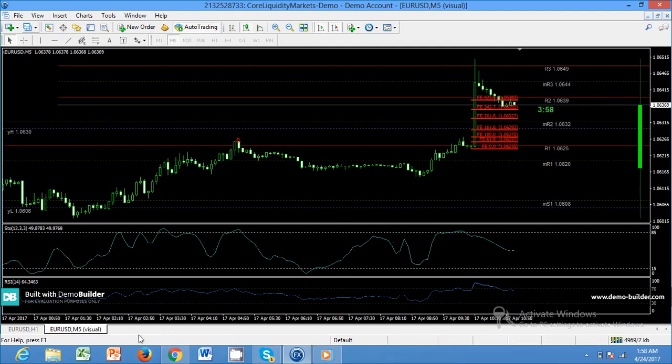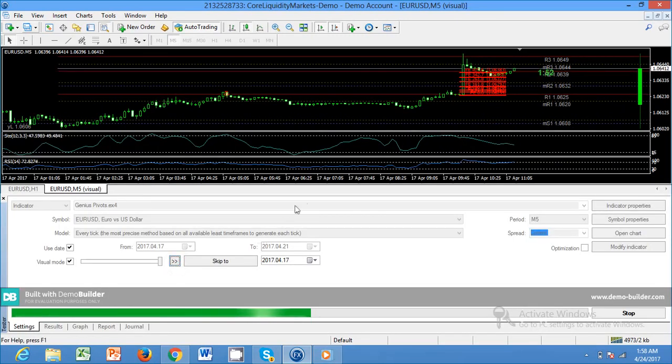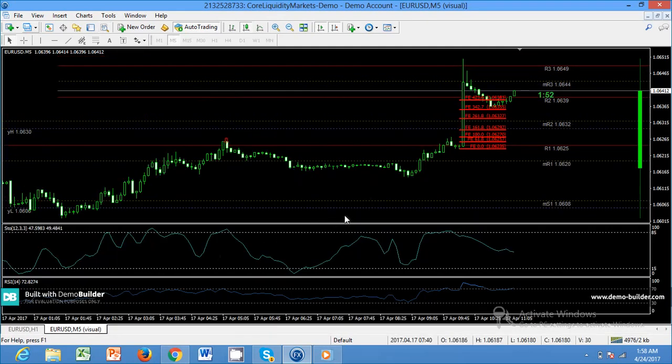So as I was saying, if you were a martingale trader, you would have made 1, 2, 3, 4, 5, 6. But I recommend taking no more than 5, because it can reverse. No more than 5. I actually take 3 myself because of safety and risk management.